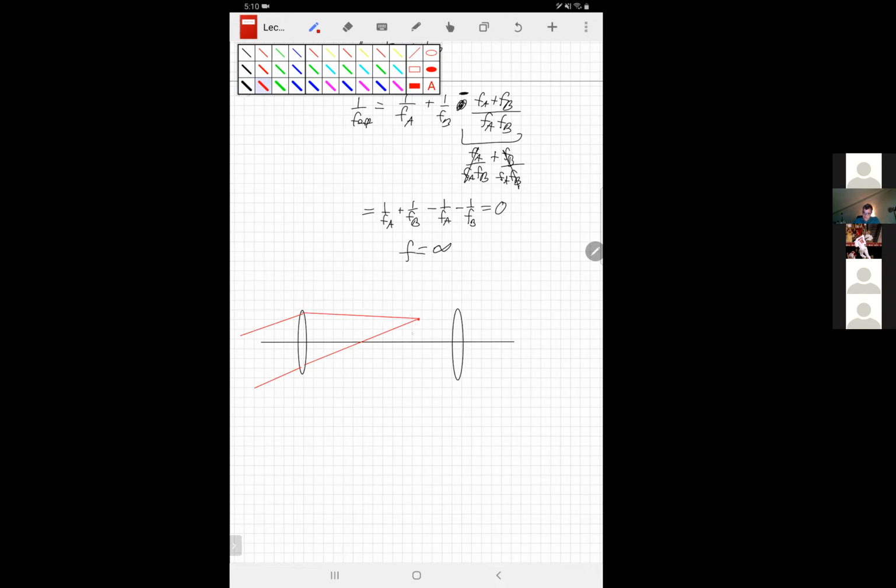Now this height is y equals f_A tan theta, right? Over here, they're all making angle theta. They form an image f_A away.